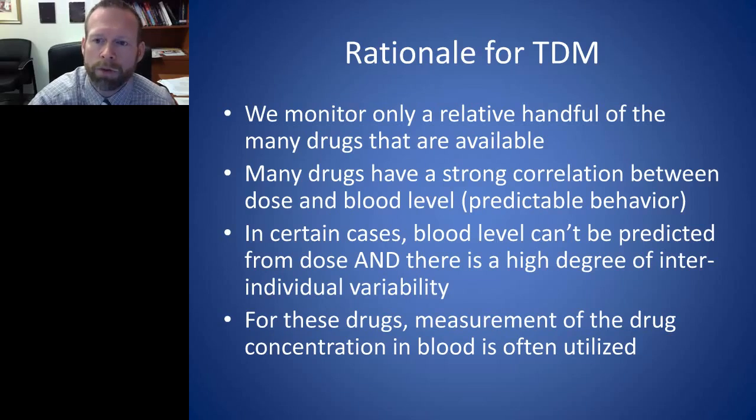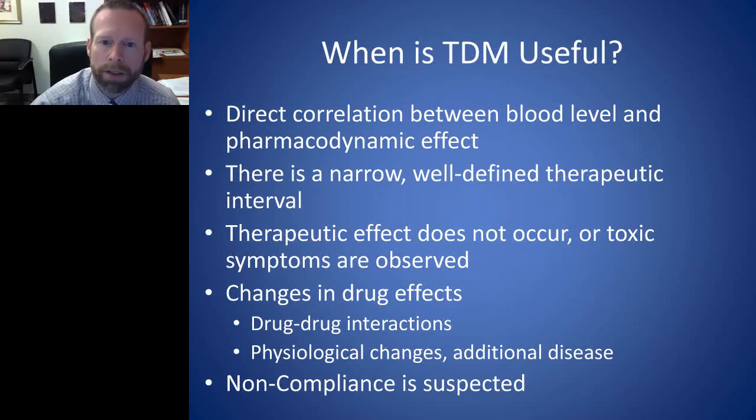If you give a certain amount of the drug, then you will get a certain blood level concentration. But in some cases, the blood level can't be predicted from the dose, and there's a lot of variability. We'll talk about some of the reasons for that. But because that relationship isn't predictable, measurement of the drug concentration in the blood is utilized, and it's done for a number of drugs.